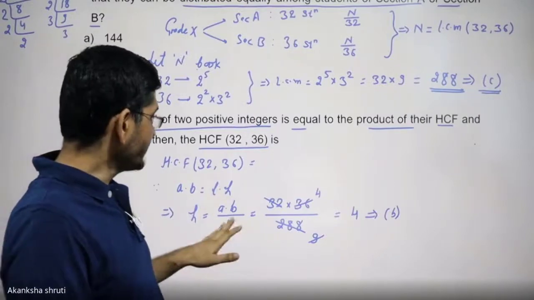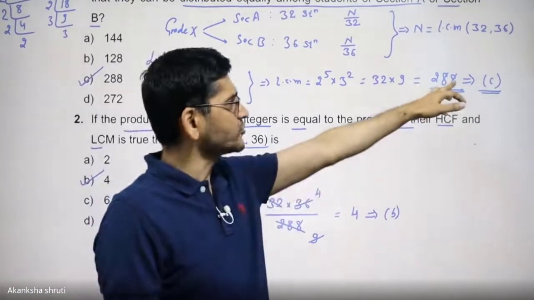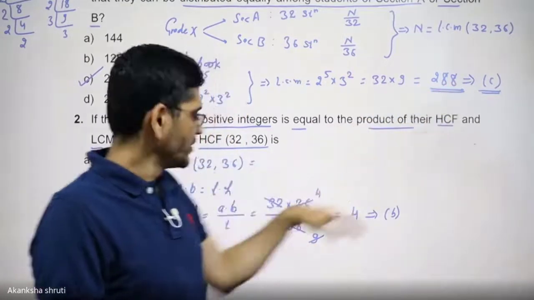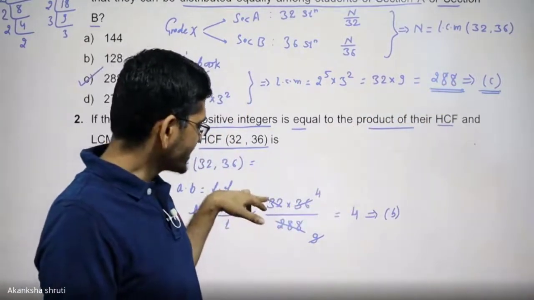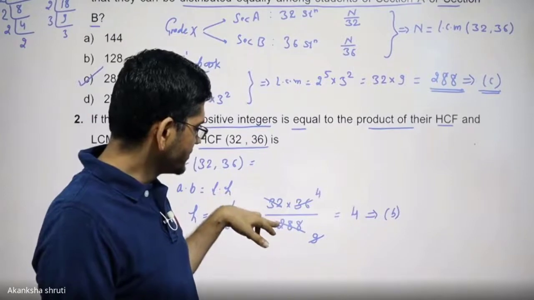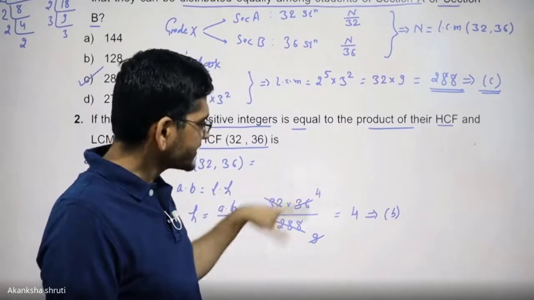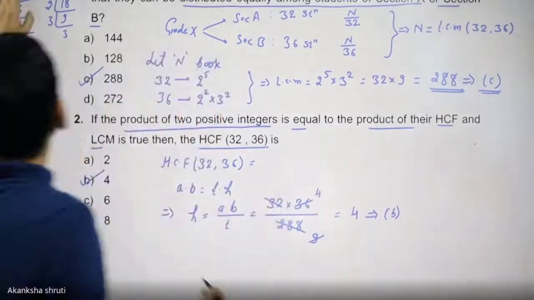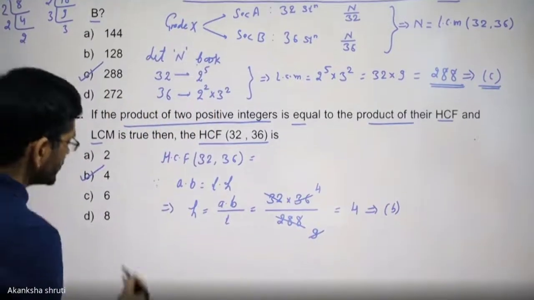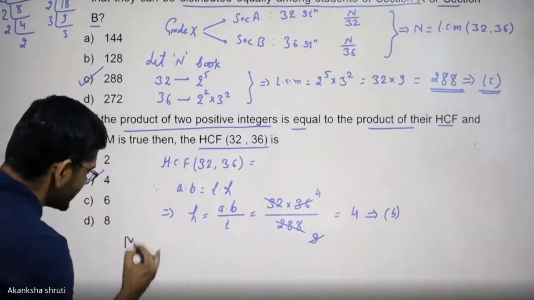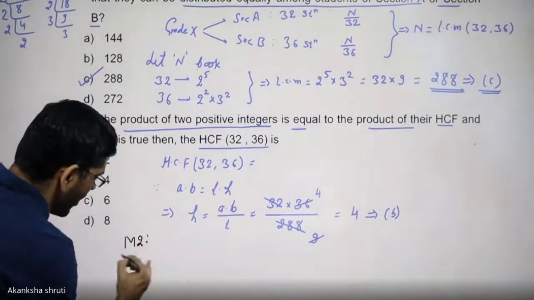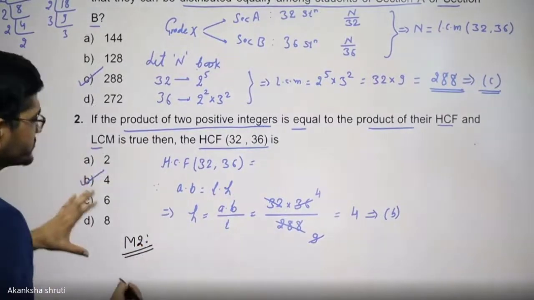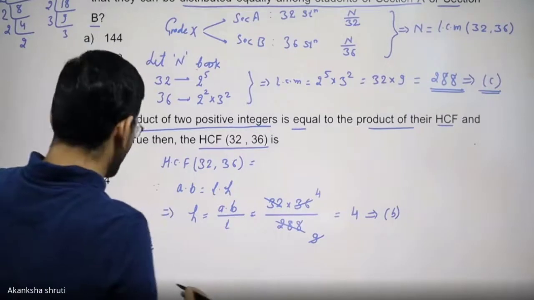Another thing, the LCM value that you calculated was 288, whether you cancel this 32 by 288 quickly and calculate the answer or not. That was the purpose. Students, though this question 2 can be calculated independently, in this MCQ we can calculate it independently also.